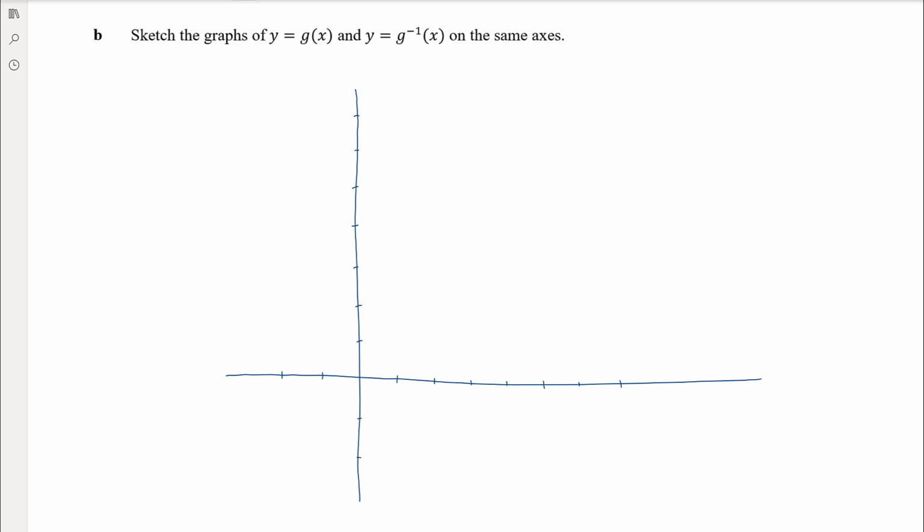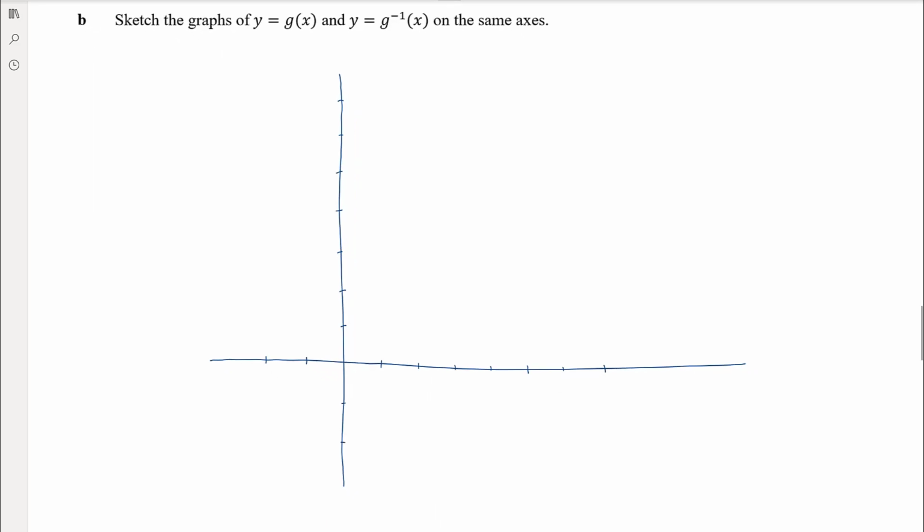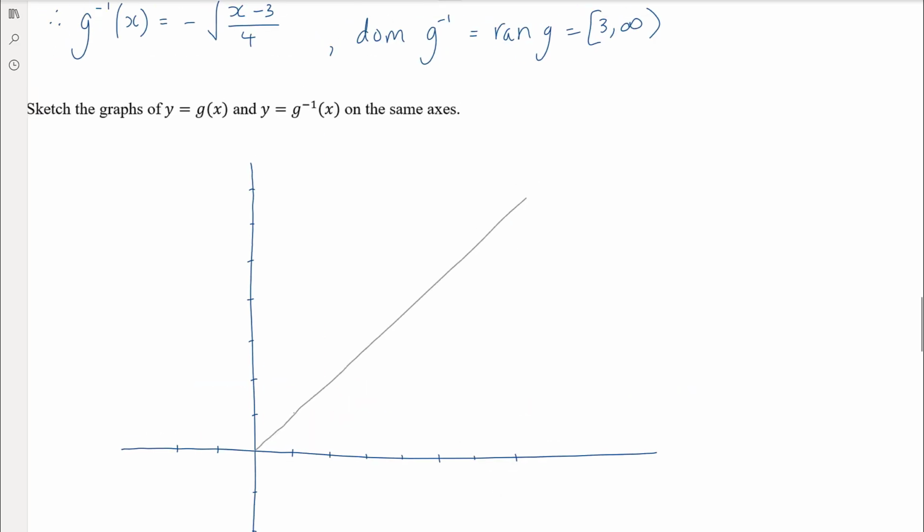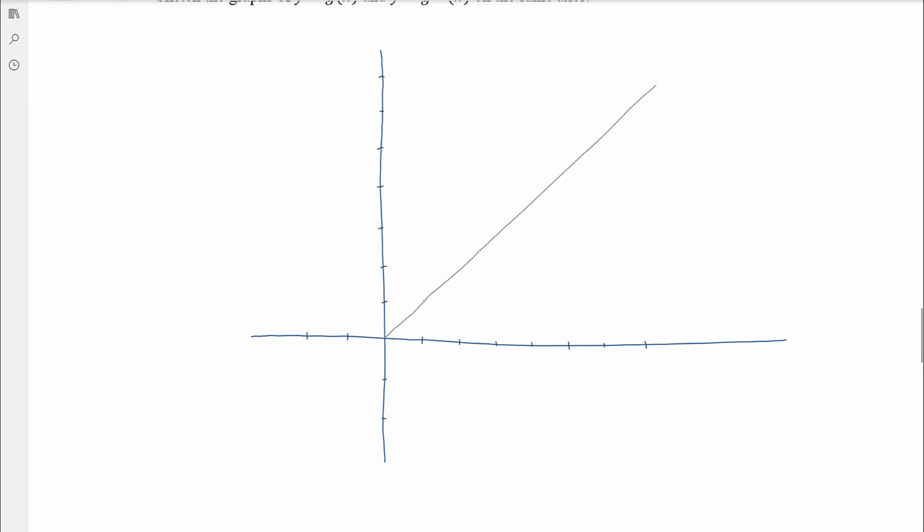You don't need to perfectly measure it, but the idea is that 1 unit on your x-axis should be about the same as 1 unit on your y-axis, because that will help you to see the reflection in the line y equals x, because your line y equals x is now going to be a nice, perfect 45-degree angle if you have used a square scale.